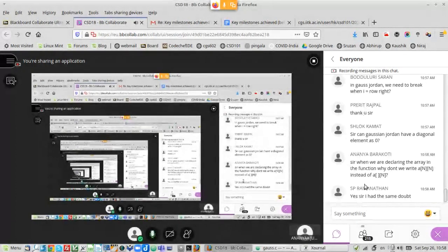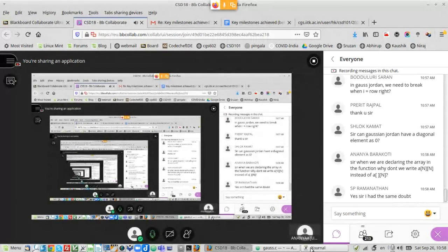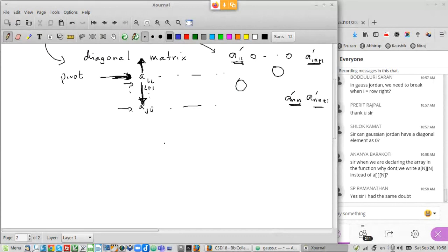There is a question which says: we are declaring the array in the function, why don't we write a and n instead of a[n][n]? When you are passing an array, you are passing different sized arrays. We are storing it in row major form, remember.